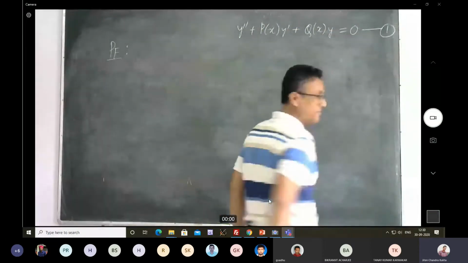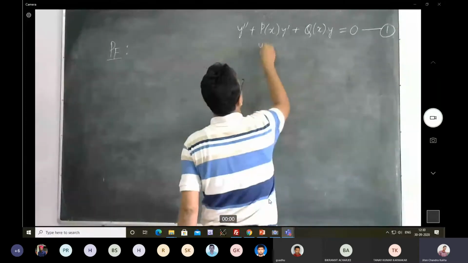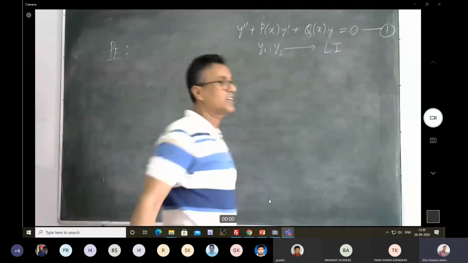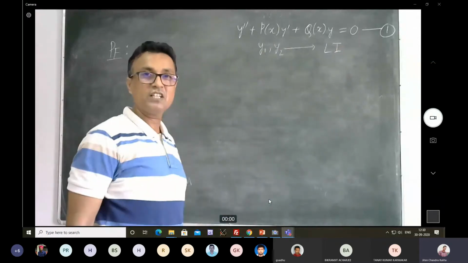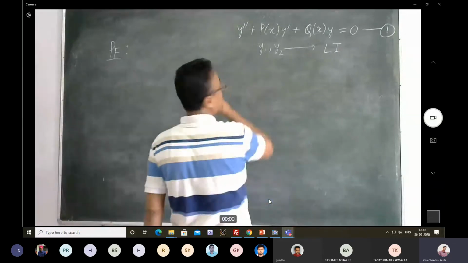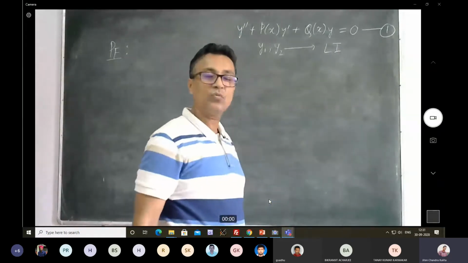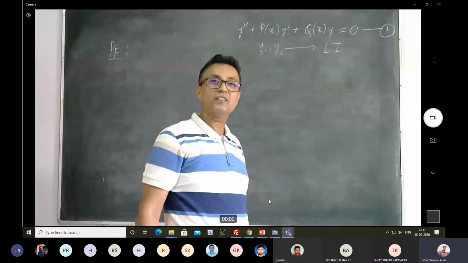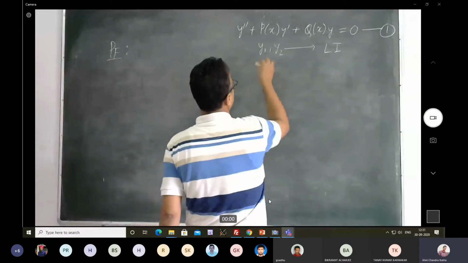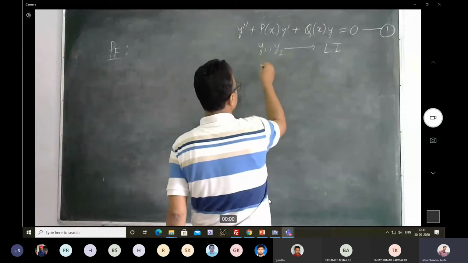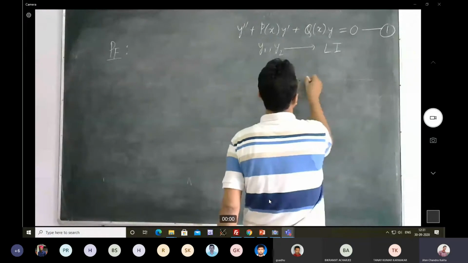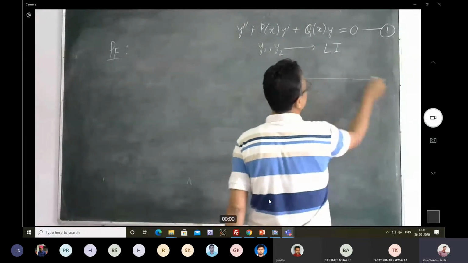I have been told that y1 and y2 are linearly independent solutions. Then what I have to prove is that they are distinct in one sense. Suppose this is the x-axis.